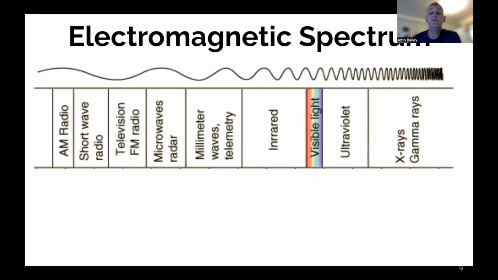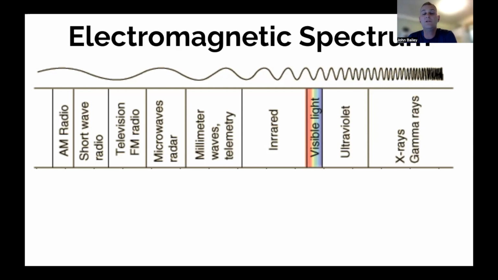I mentioned electromagnetic energy, and this is, of course, a key understanding here. The idea that we have what is effectively a flow of energy at the universal speed of light in the form of electric and magnetic fields. And we have these flows occurring at different wavelengths.